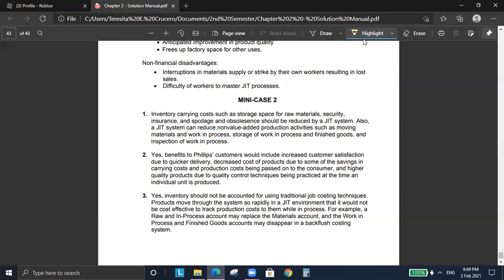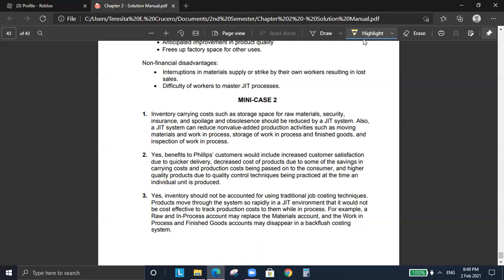Now, earlier I discussed a non-value added activity. Storing the materials in the warehouse will not increase the value of the materials. You simply keep the materials there while waiting for a request by the production department.